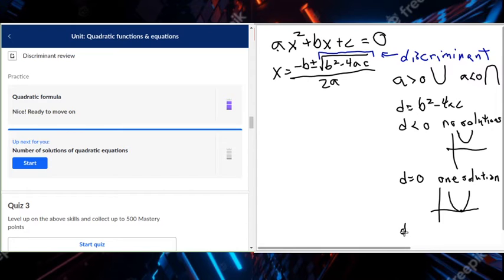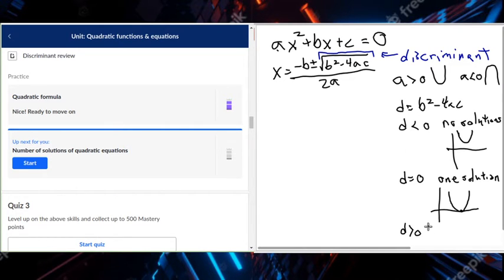And if D is greater than 0, I didn't explain this. If D is 0, then the square root of 0 is 0, and our answer is just negative b over 2a. But if D is greater than 0, then we're going to have some square root, and then we're going to have negative b plus that and negative b minus that.